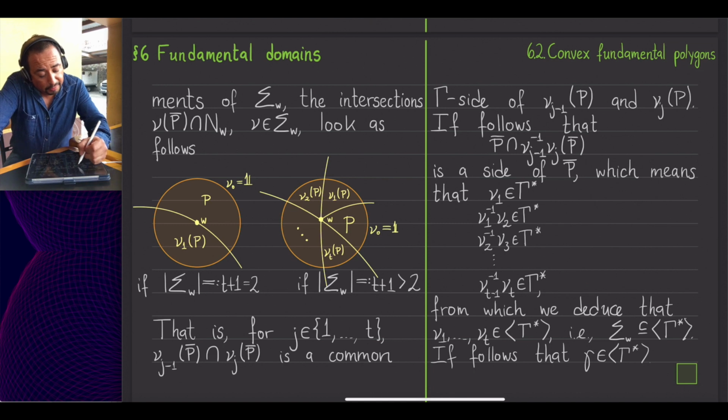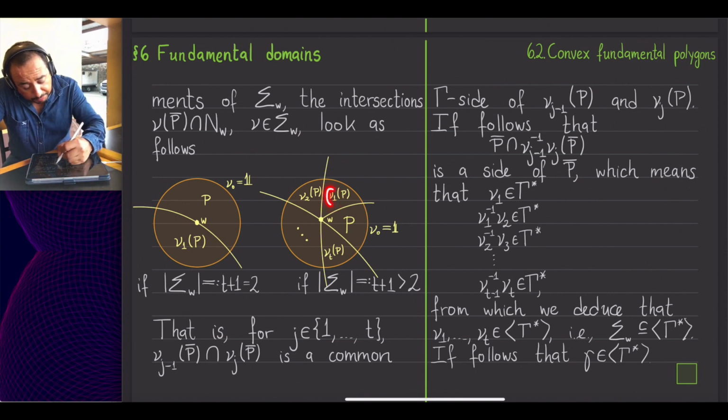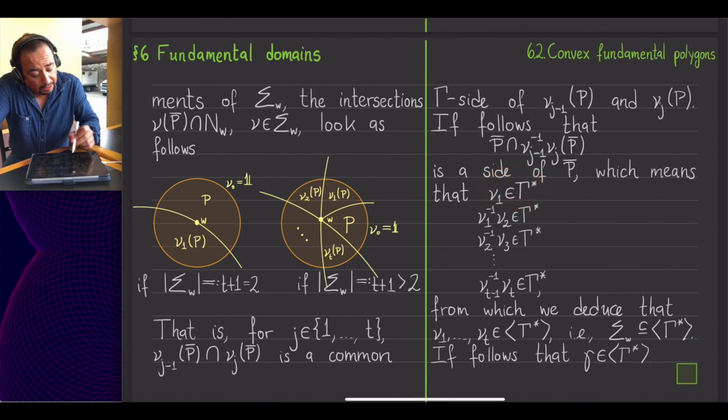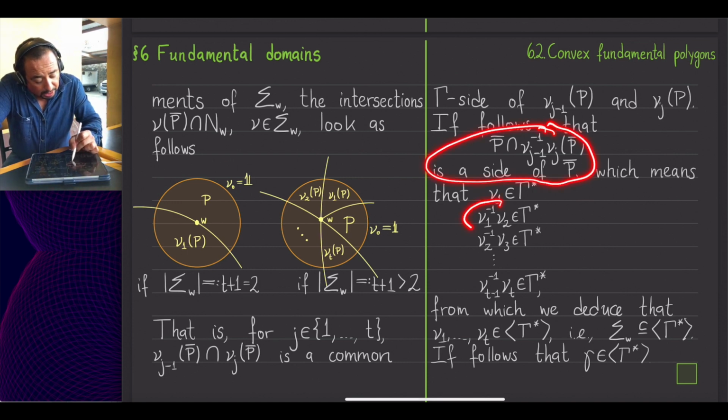And so this means that nu 1 of P has the property that P bar intersected with nu 1 of P bar is non-empty, and it's actually a side of P. So this one is in gamma star, and then because of this, nu 1 inverse nu 2 is in gamma star because it's a side of P bar, etc. Right?